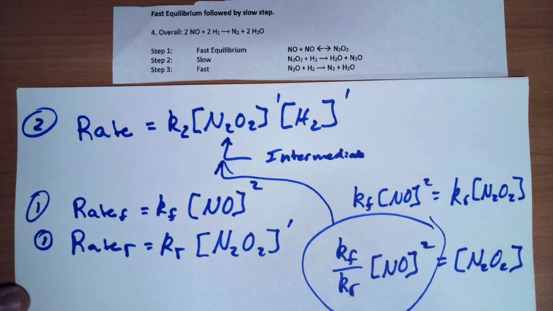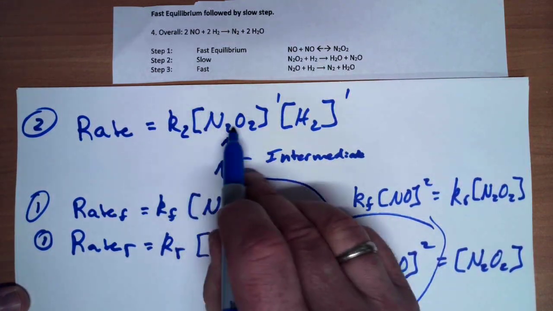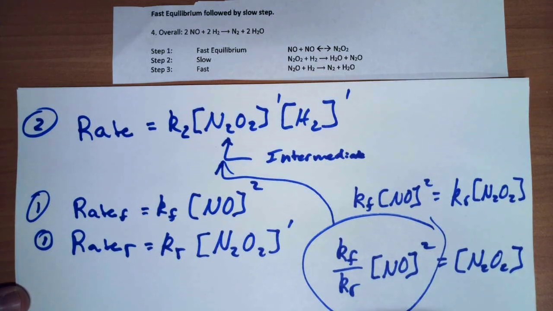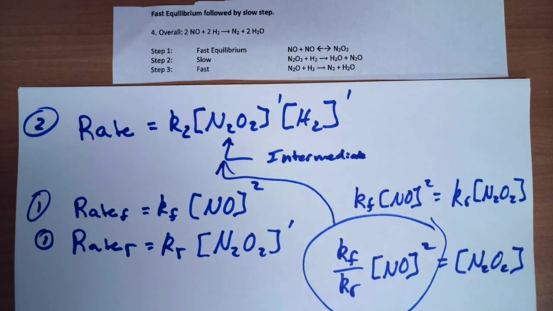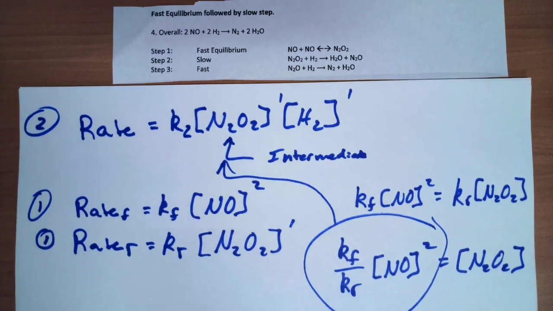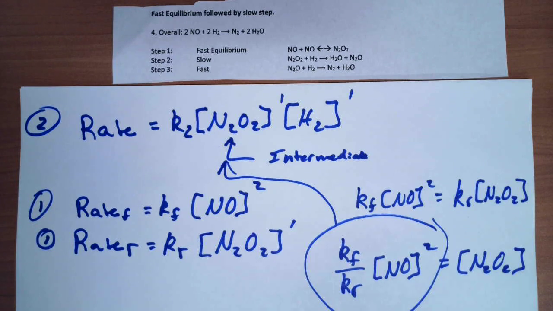Okay, now I have my NO second order, and that's taking care of that. Now I got to put in this guy, concentration of H2 first order. All right. If you want, these are all constants, so if you would want to recollapse them into a fresh, brand new, I'll put a little O for overall there.